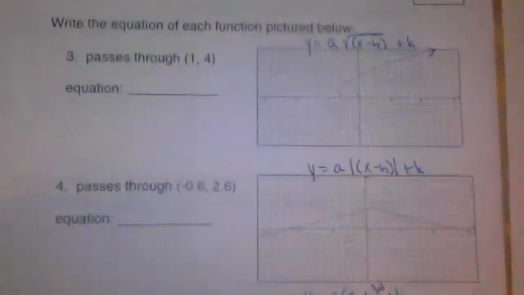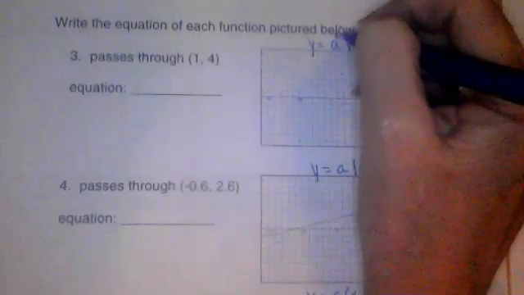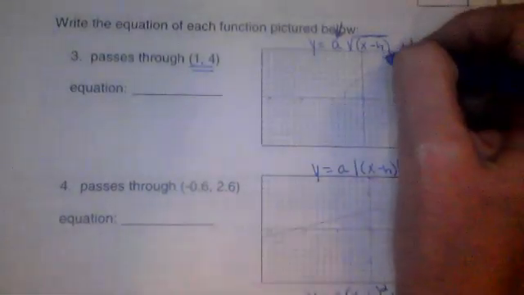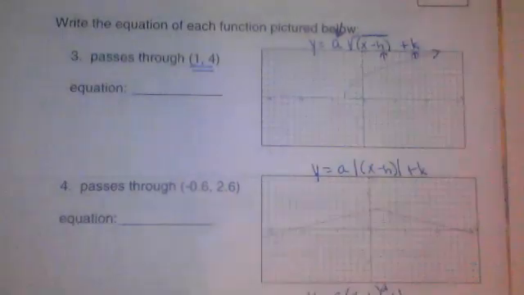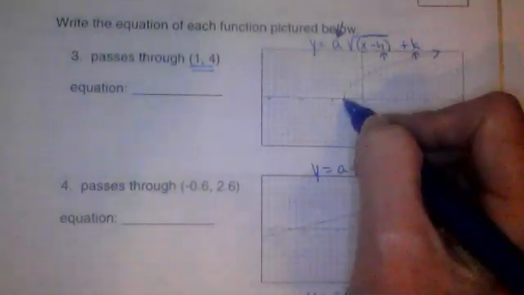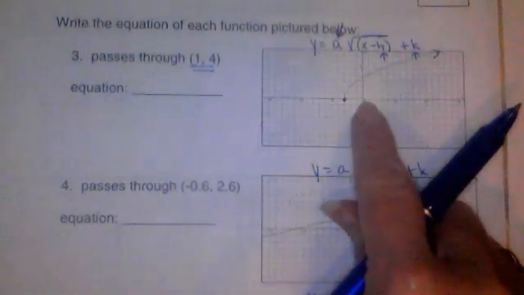All right, so what we're going to do here is try to figure out where the graph has moved. We are not going to worry about the shrink or stretch because we can use this point that they give us to find that information. All we need to do is figure out whether it's been moved left and right, up or down. So in this case, this is the point at which we used to have our graph starting at the origin.